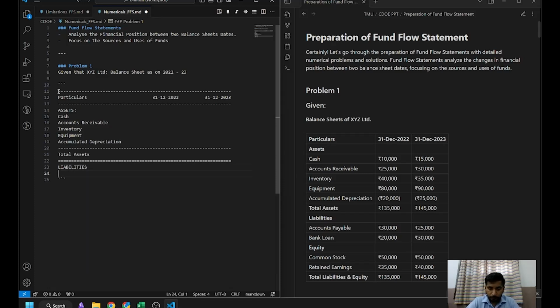In the liabilities, we have the accounts payable, we have the bank loan, we have the equity, we have the common stock, we have the retained earnings, and then we can reach up to our total liabilities and equity.